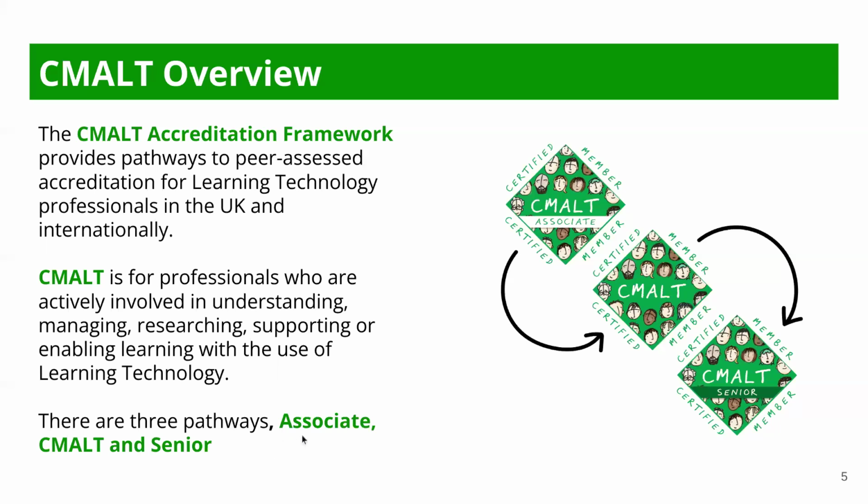If you're new to learning technology, or if learning technology is only a small part of your job role, then we usually recommend you start on associate CMALT. And then depending on your experience and the input you're having into learning tech, we do get some people who start on senior CMALT, but that's fairly unusual, but it does happen sometimes.